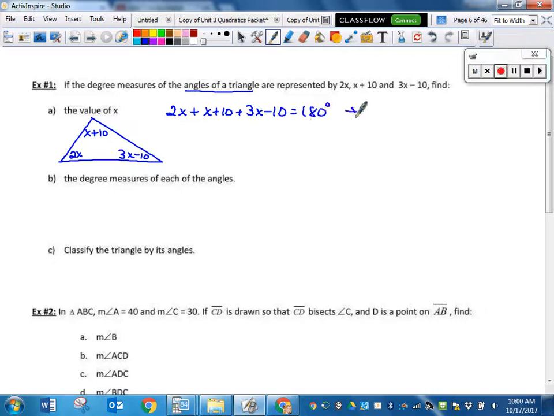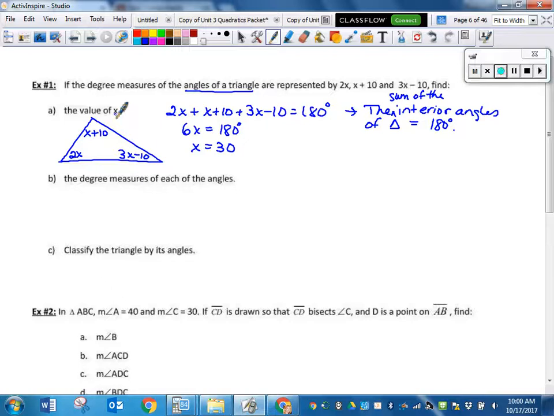Justify or explain why: the sum of the interior angles of a triangle equals 180 degrees. There it is. And then it becomes algebra. No more geometry here. So we got 6x equals 180. The 10s cancel out. And x equals 30. All they wanted was to find x, so I am set on part A.